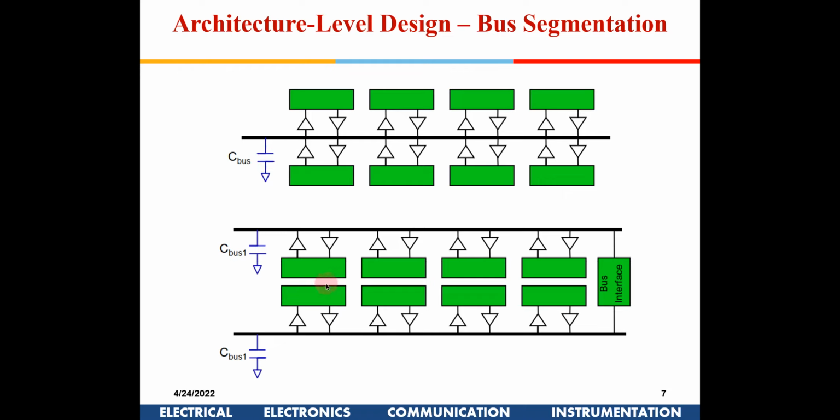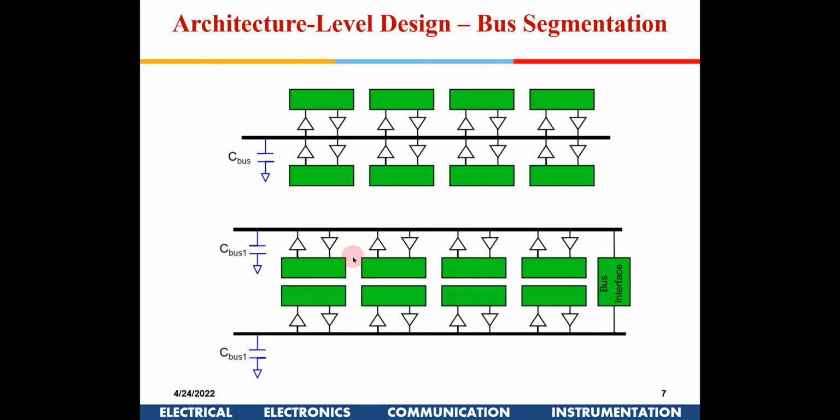Now in this configuration, the bus has been divided into two. These 4 blocks are connected to this bus, and these 4 blocks are connected to this bus, and then you have a bus interface which will connect these buses on a requirement basis.